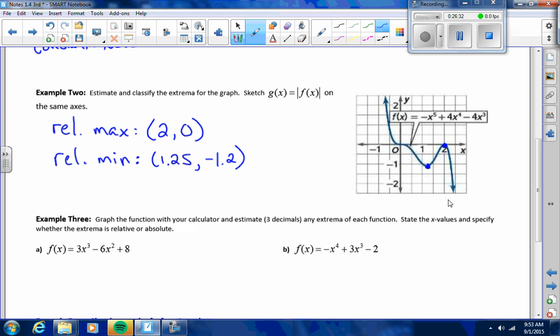No. Okay, now we have to draw the absolute value graph, the absolute value of f of x. And we're going to do it on the same grid. So what's the first step that I said we have to do for absolute value? Same zeros. So find all of our zeros, and they have to be exactly the same.